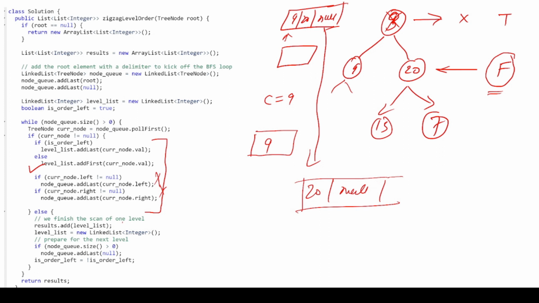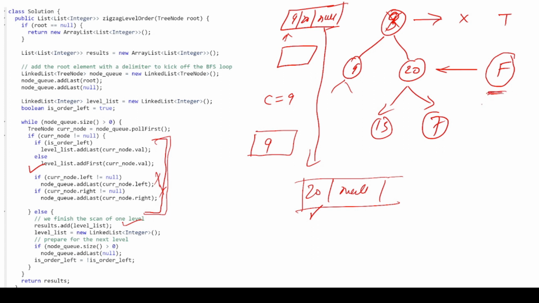Now we will not reach the list step here because the queue is not empty. Current is not null, so again we will move to here. We will come back and check whether it is true or false.